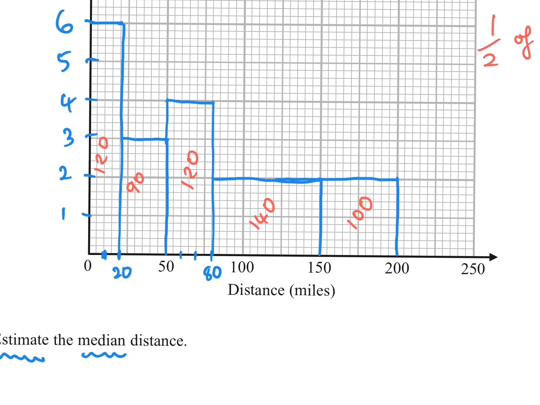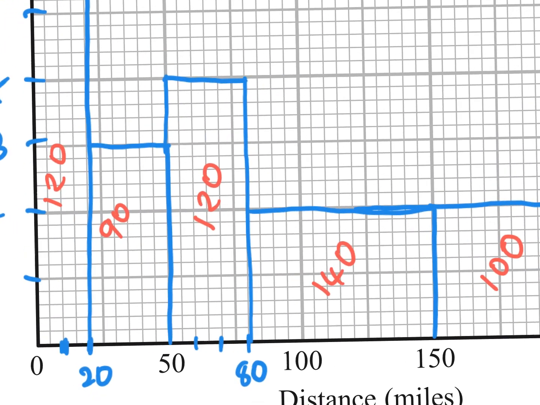Well, first of all, we have 120, so that can count towards our area. Don't forget, we've already outlined that the median lies in this bar somewhere. That's really important. So we can also add the 90 as well, so that gives us 210 so far. So what we actually want now is another 75 in terms of area.